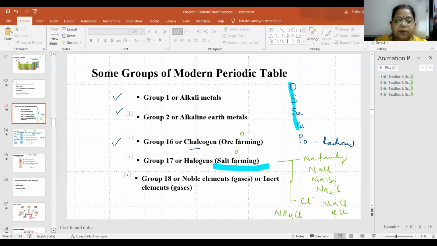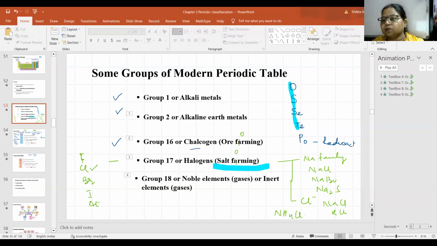Group 17 elements include fluorine, chlorine, bromine, iodine, and astatine. Most of these elements are found in nature in the form of their salts, as chlorides. Seawater is a rich source of sodium chloride.